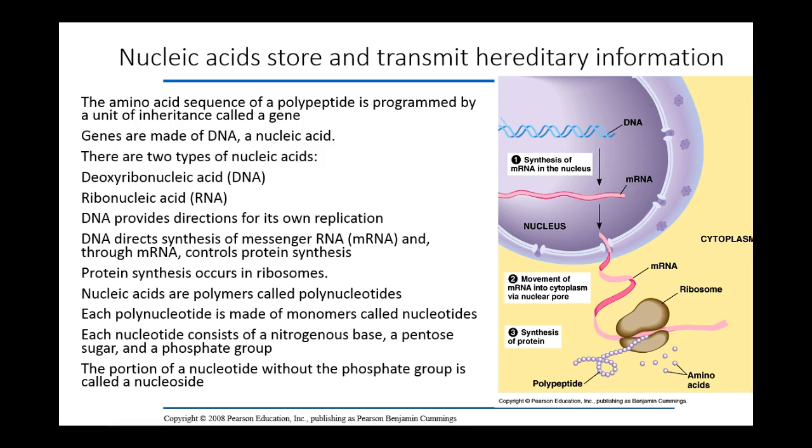So the amino acid sequence of a polypeptide is programmed by the gene. You have your genes in the nucleus of your cell. They actually dictate what proteins are made, but they do that in a special way. The protein is the actual person, the soldier that's doing the work.